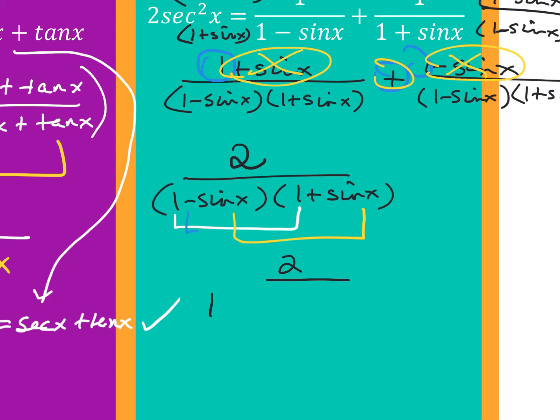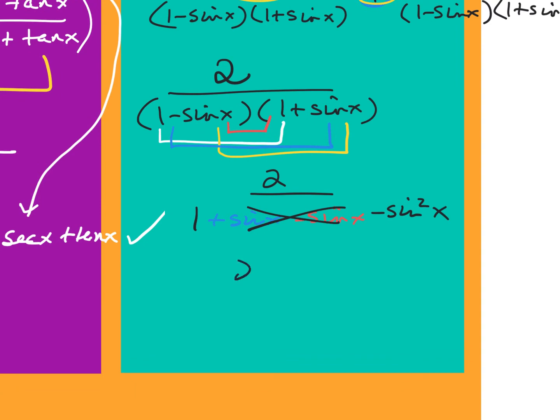If I do outside, I get plus sine x. When I do inside, I get negative sine x. And then last gives me negative sine squared x. So these cancel. So now I'm left with 2 over 1 minus sine squared x.